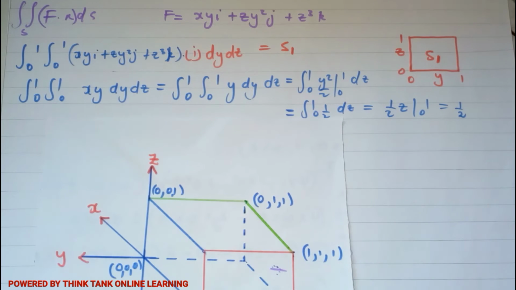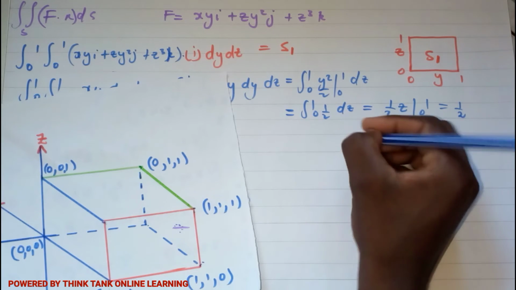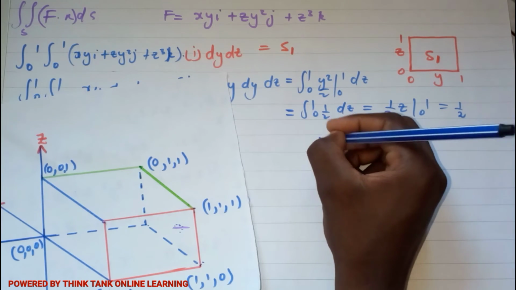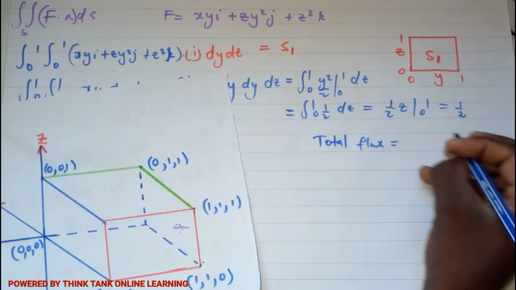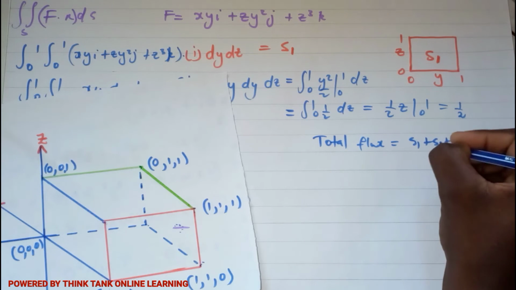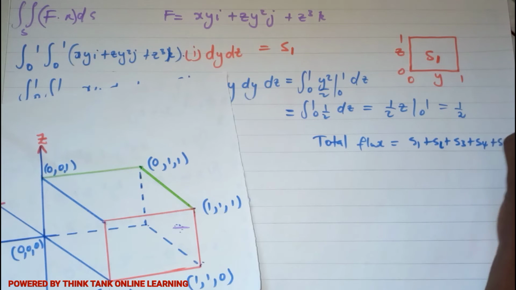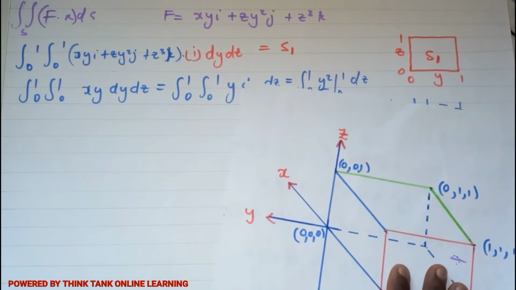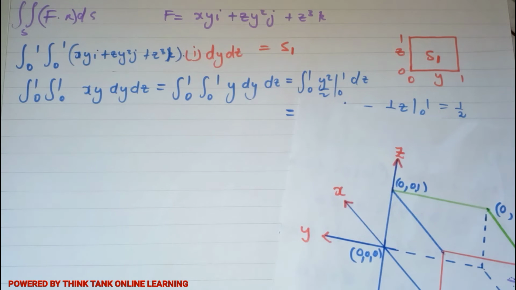The total flux is going to be the flux of surface 1, plus surface 2, plus surface 3, plus surface 4, plus surface 5, plus surface number 6. Now we add the total flux for each and every surface, and we should get 2. If we get 2, that means we verified the divergence theorem.